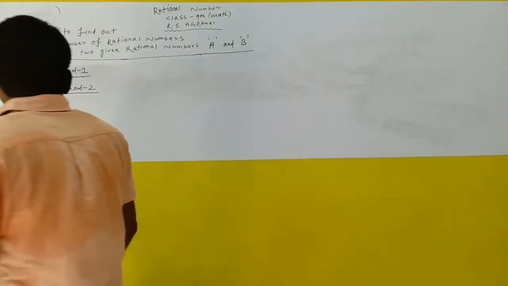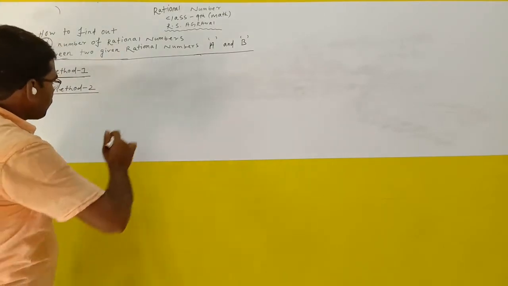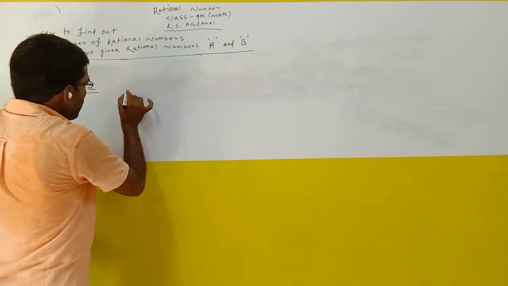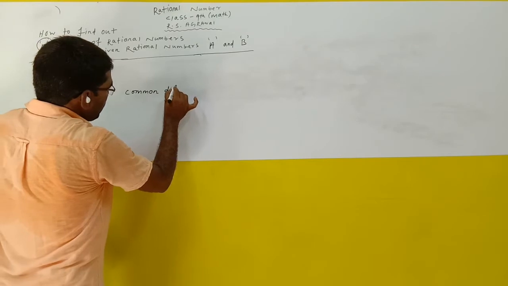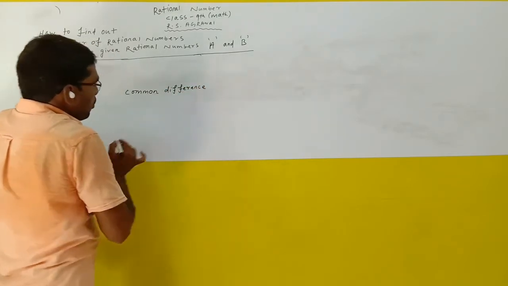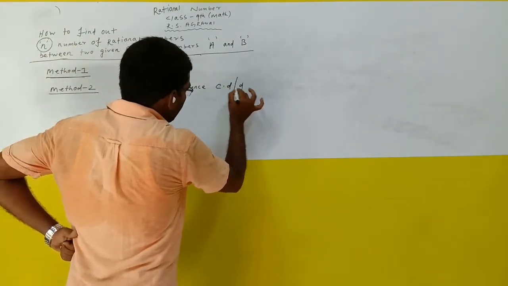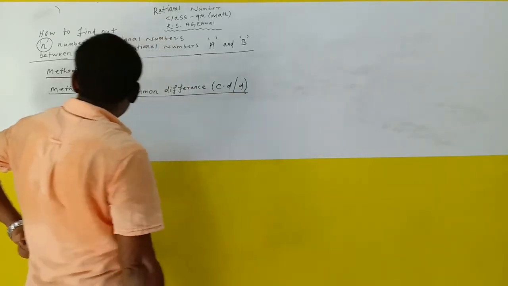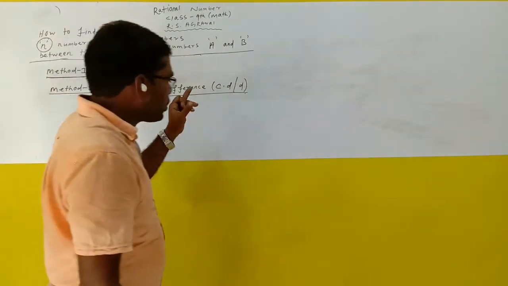While you go through this method, first you will need to find out the common difference, or simply you can say it CD. So your first duty is to find out the common difference.